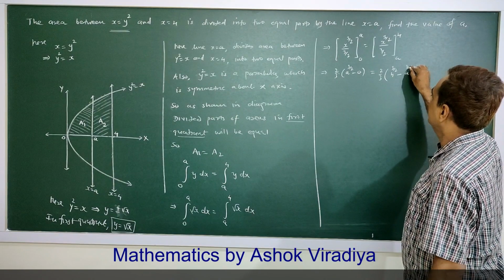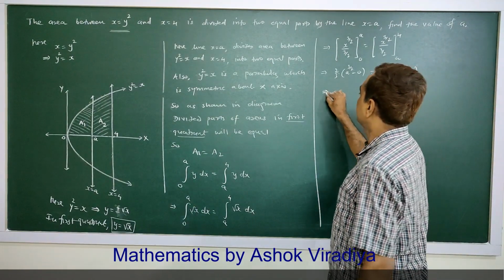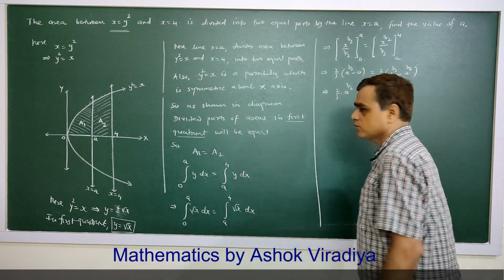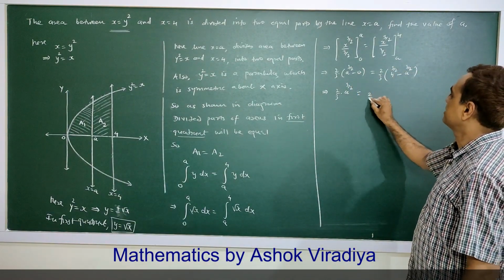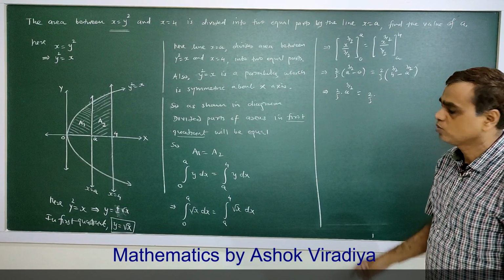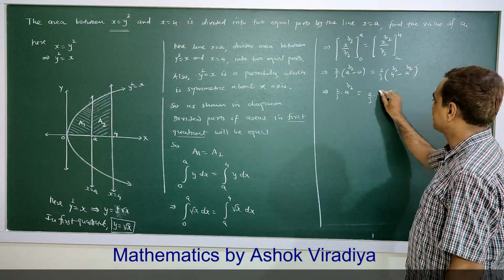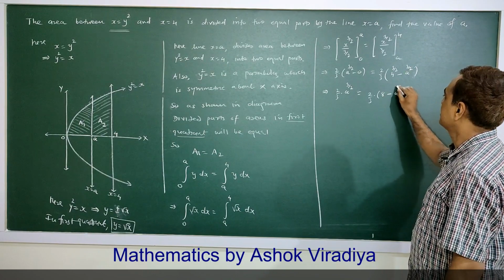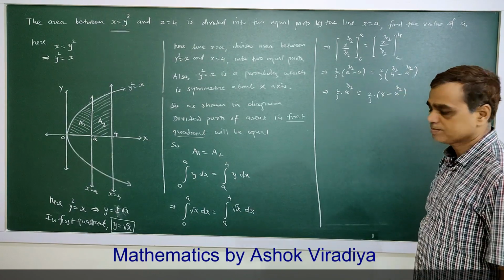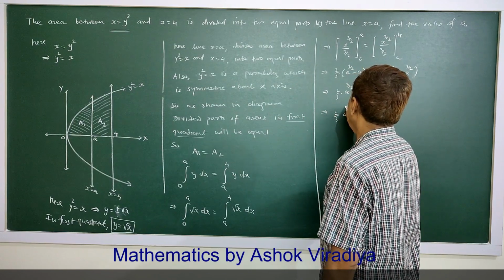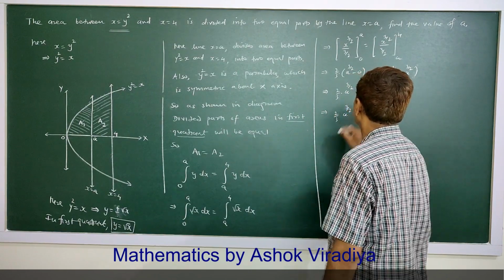Now 4 raised to 3 by 2 is 8, so 2 by 3 times a raised to 3 by 2 equals 2 by 3 times (8 minus a raised to 3 by 2).